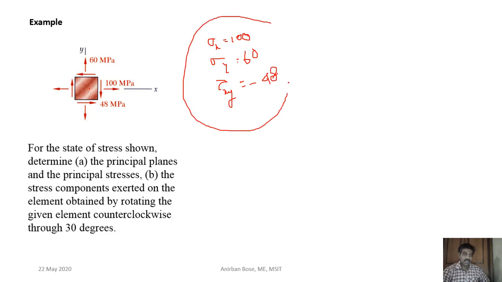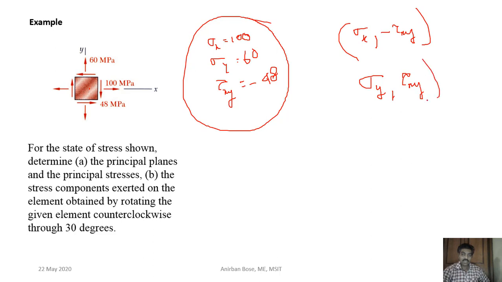So once you identify this, in the Mohr circle what do you have to plot? Remember, you have to plot sigma x comma minus tau xy. And the other point you have to plot is sigma y comma plus tau xy.